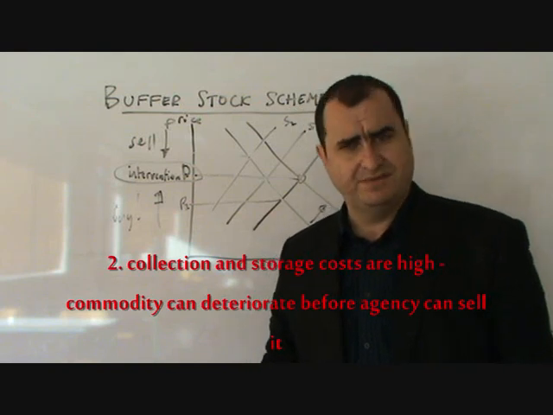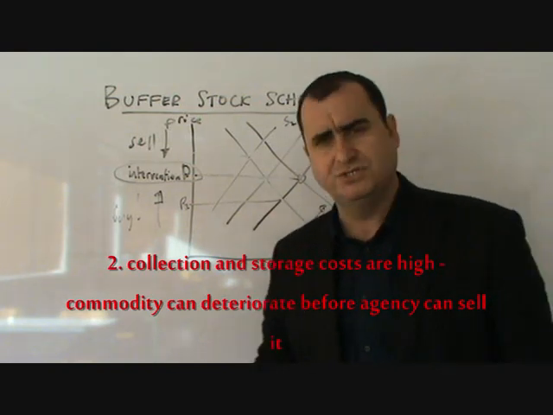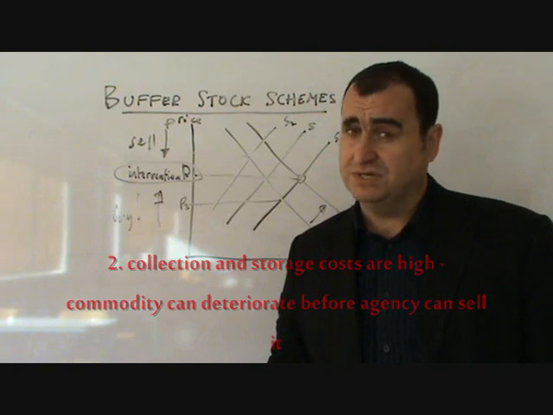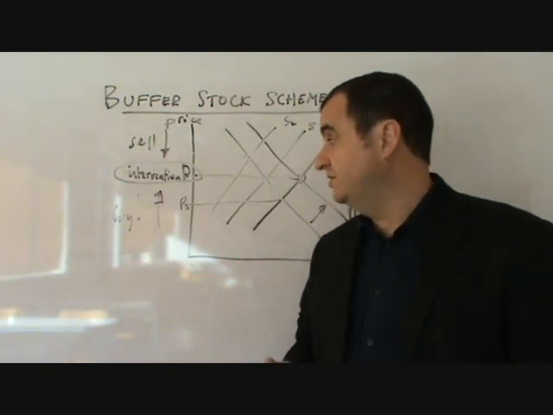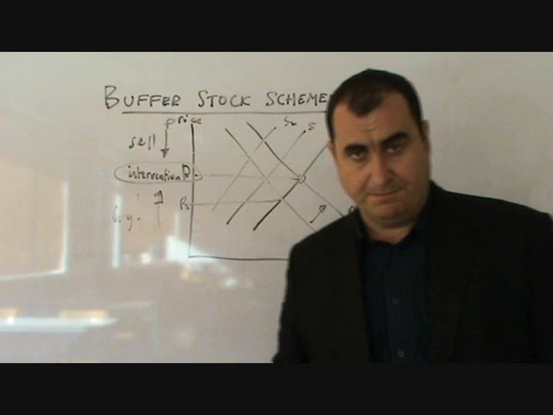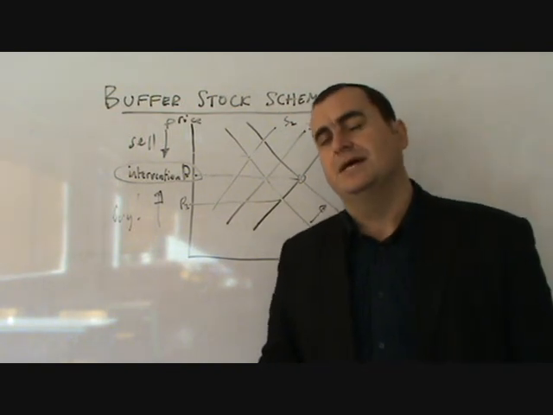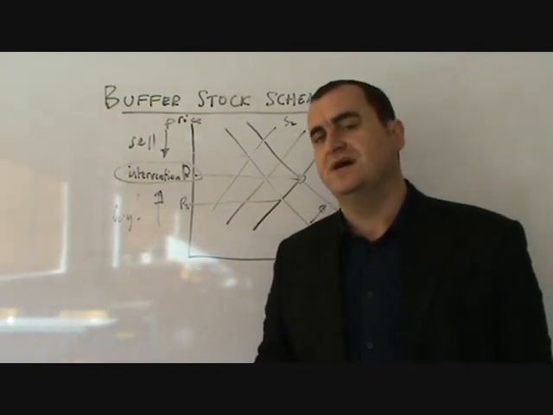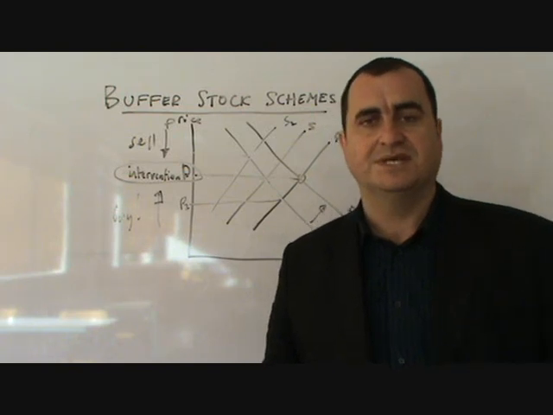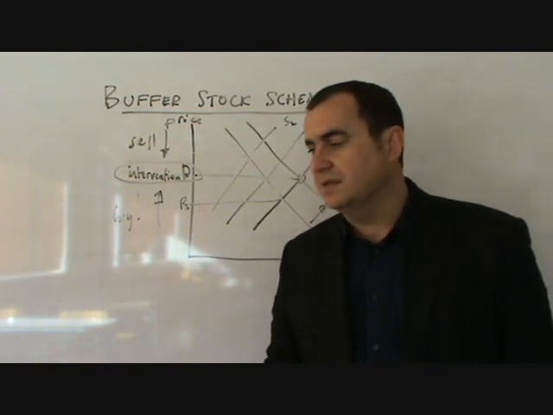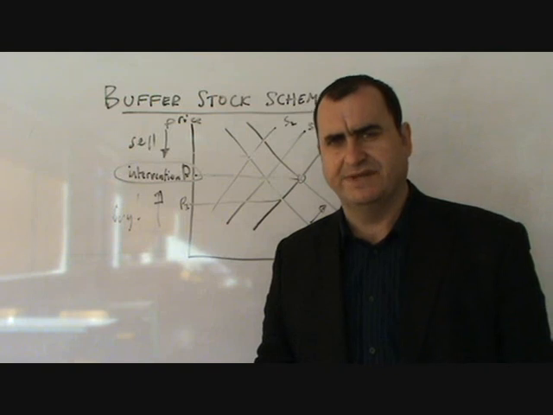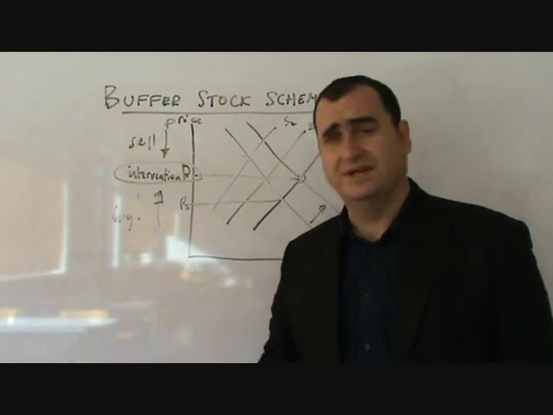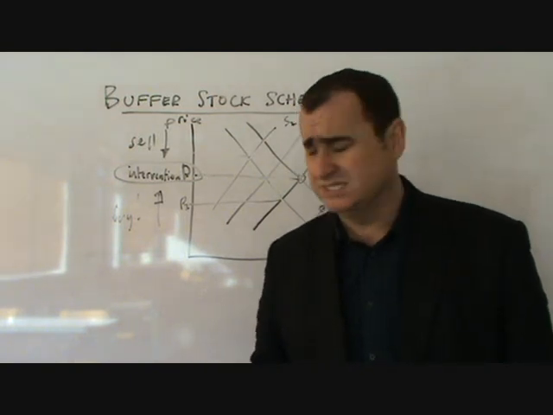Some of these commodities have to be stored in very specific conditions. And ultimately, they may go off, especially agricultural products like beans. But just the storage cost of vast quantities of things like tin and nickel can actually be very expensive as well, and actually cause the buffer stock agencies financial difficulties.